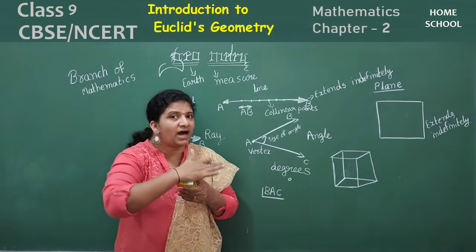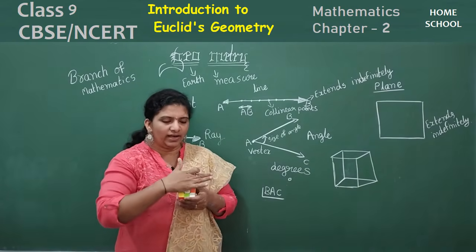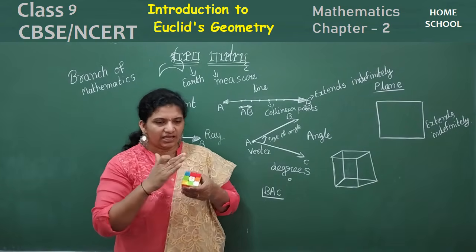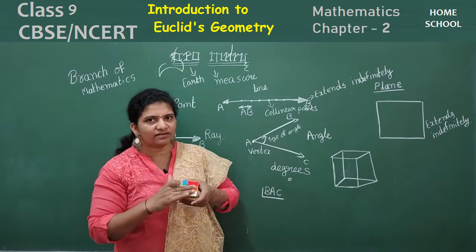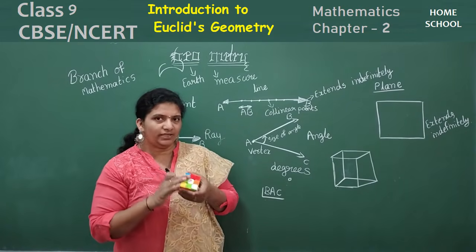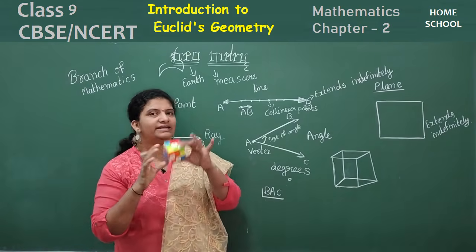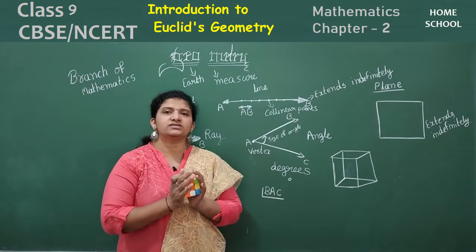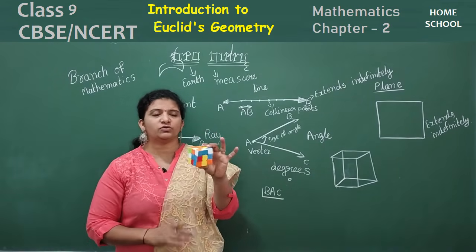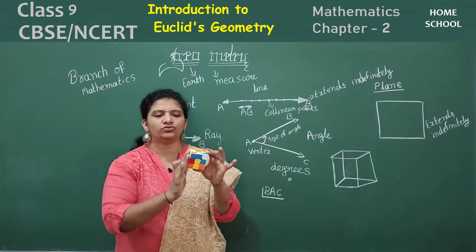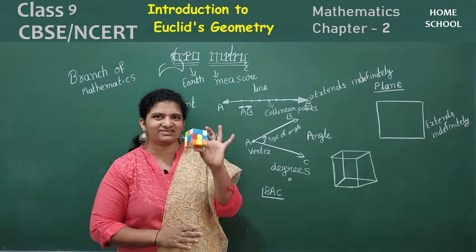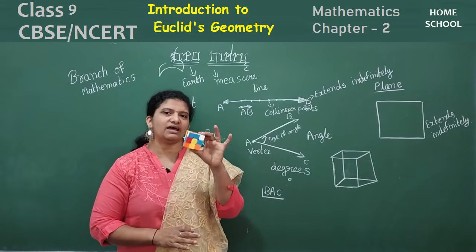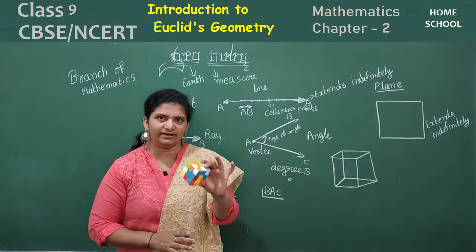So this is part of a plane. If I talk about only this surface, it is a plane. But if I talk about the total cube, it is a solid. Okay. So how many plane figures are enclosed in this cube, children? 1, 2, 3, 4, 5, 6. Okay. 6 planes are enclosed by this solid.